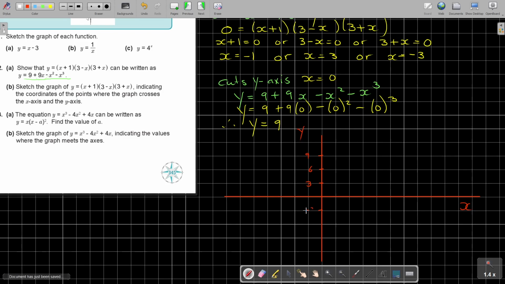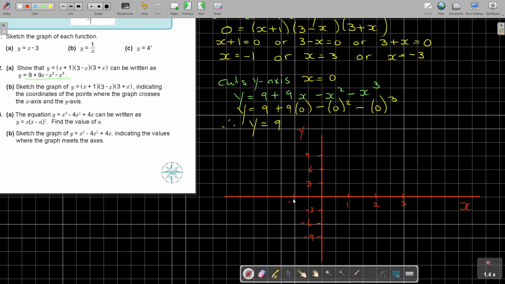I can go -3, -6, -9. And then I'm going to go 1, 2, 3 on the x-axis, rather going by 2 just to be a bit more stretched, because it's only to -3.